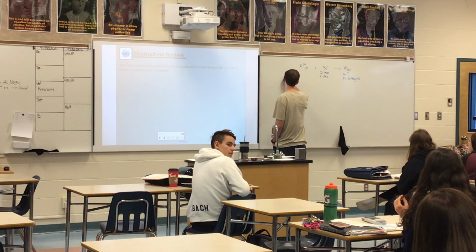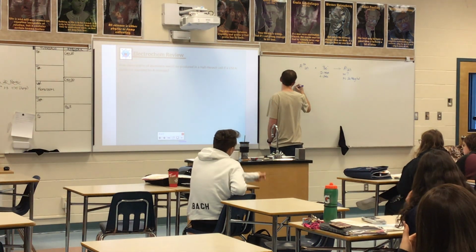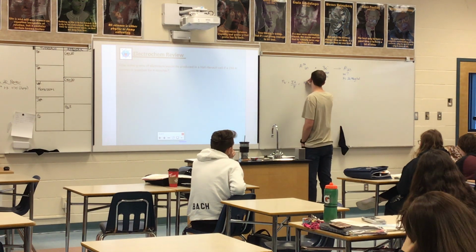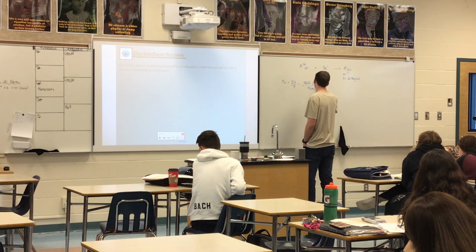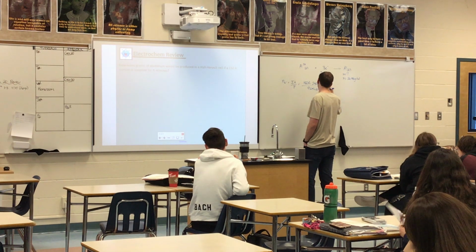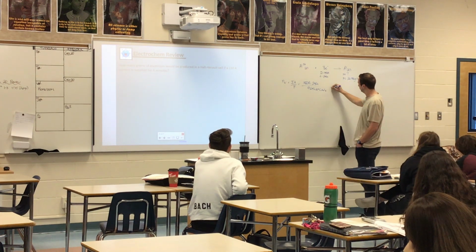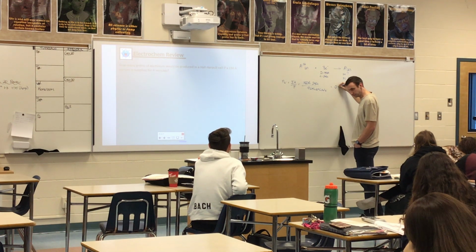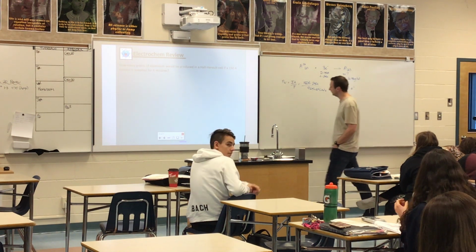We can calculate moles of electrons. Using It over F: 150 amps multiplied by 240 seconds divided by 9.65 times 10 to the 4 coulombs per mole of electrons. Sorry? 0.373. Now I can use my molar ratio.